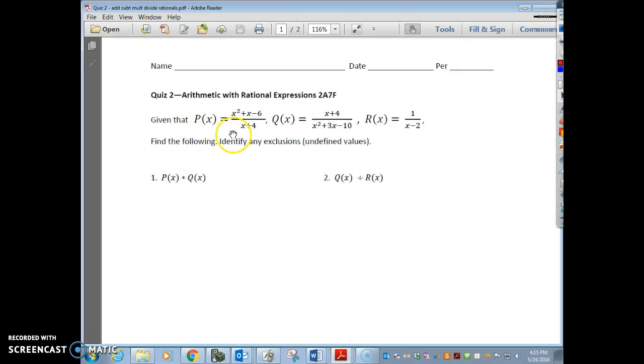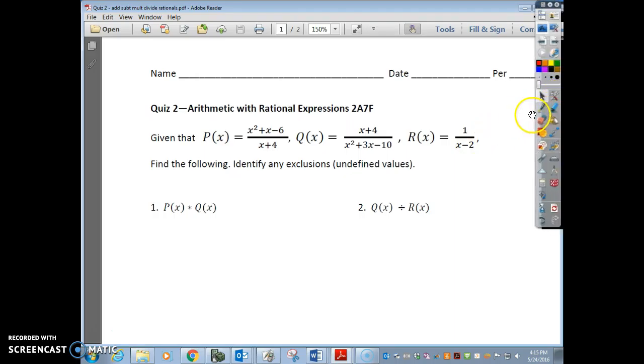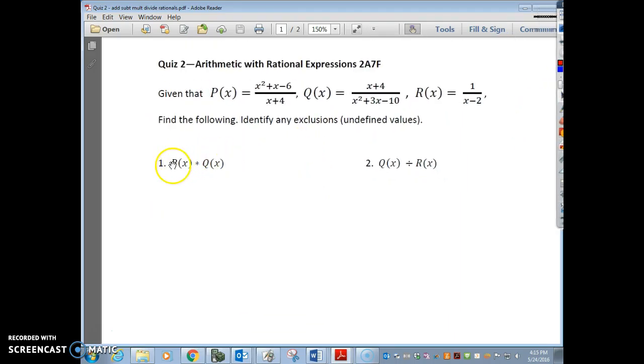The way it is defined right now, it says P of x is equal to this rational expression. Q of x is equal to this rational expression, and R of x is equal to this rational expression. So we have three rational expressions, and then we have to find the following and identify any exclusions, which means any undefined values.